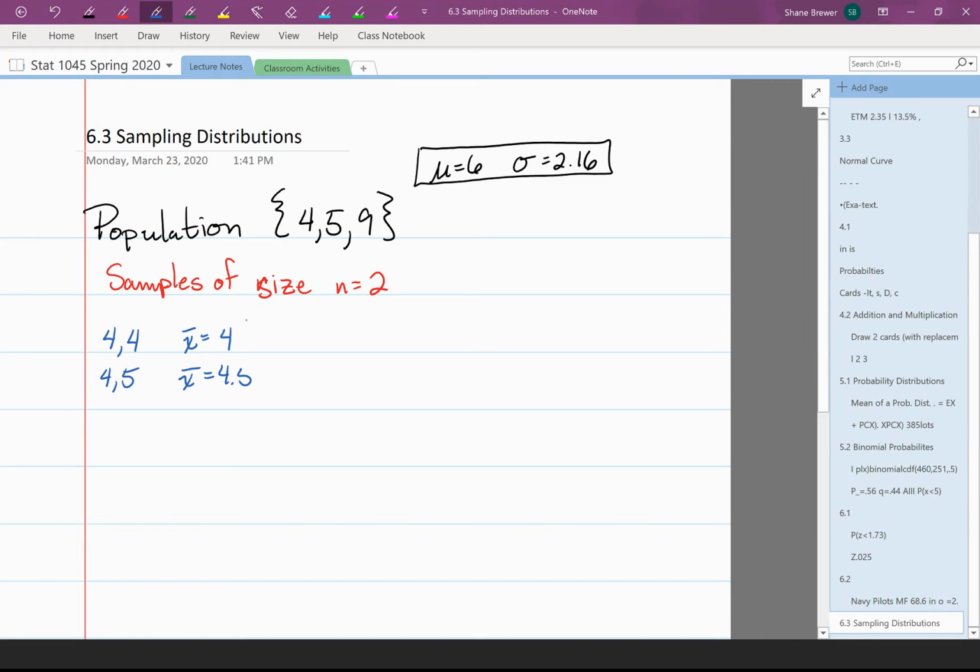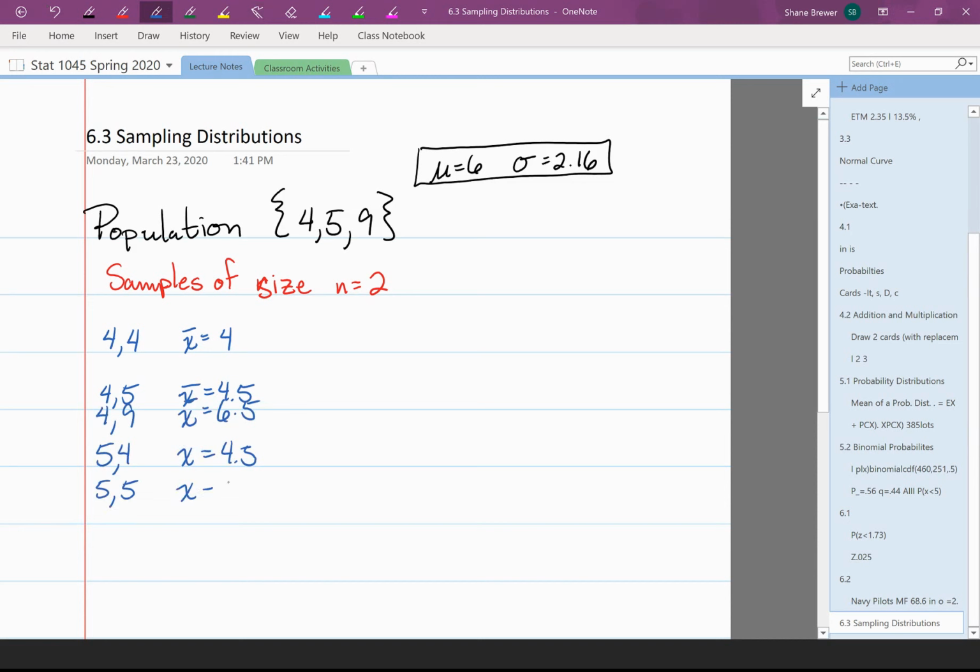Well, if we continue this, the next day we take another sample. Maybe we get 4, 9, and the mean there is 6.5. We do it again, we get, say, 5, 4. The mean there is 4.5. And then 5, 5.